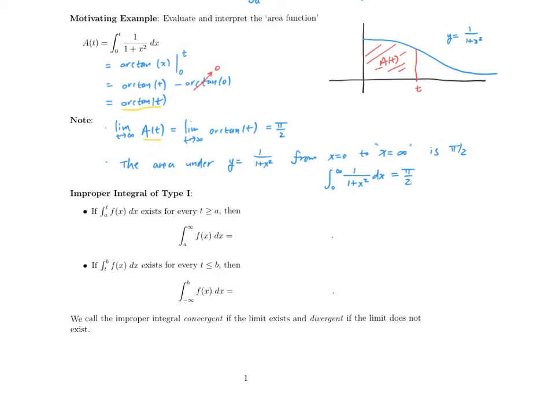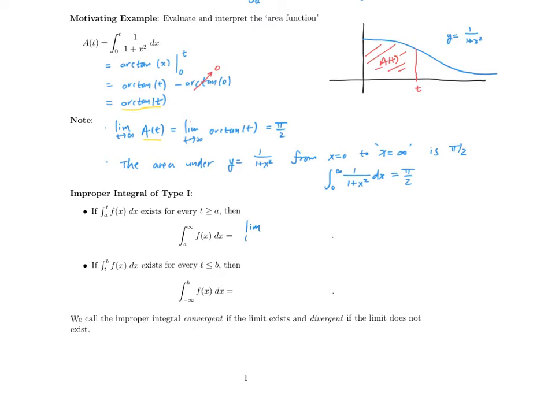So if you can evaluate a definite integral from some number a to t for every t bigger than or equal to a, then we can define this improper integral going from a to infinity, and whenever we're dealing with infinities, we need to express this in terms of a limit.